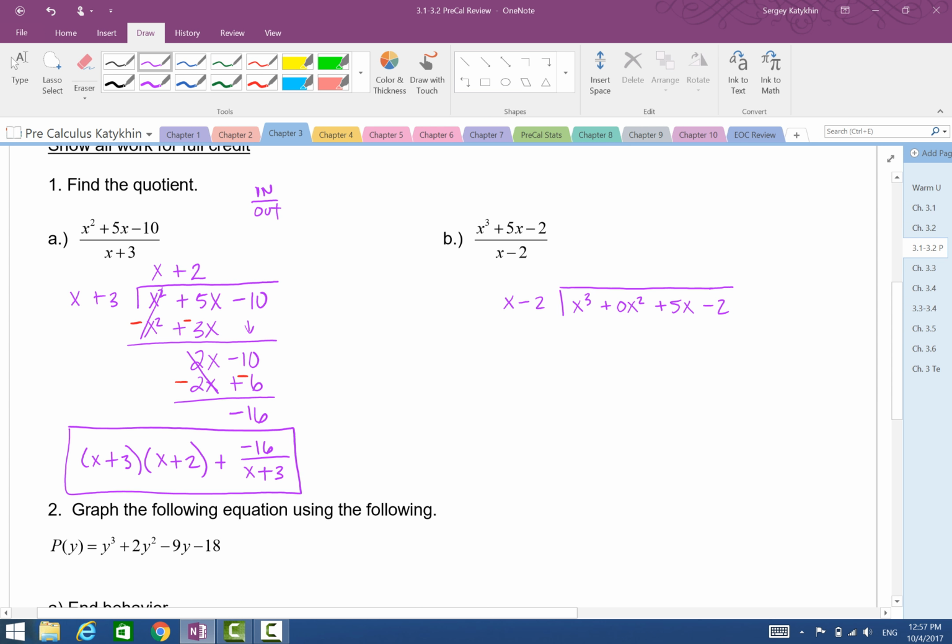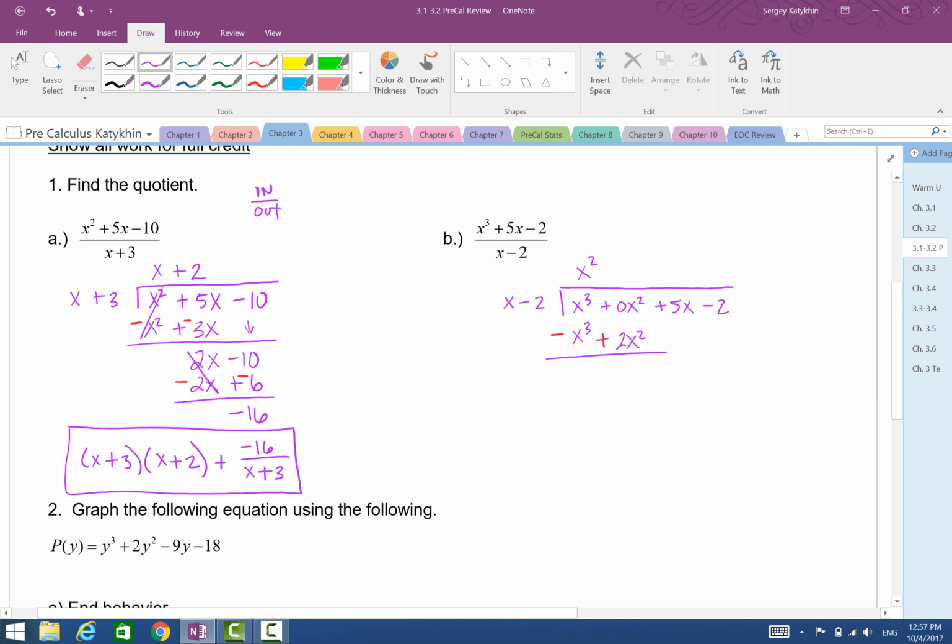So asking ourselves, what do we have to multiply x by to get x to the third? That would be x squared, which gives us x to the third minus 2x squared. So go ahead and subtract that, and then this is actually going to be added. So we're going to change the subtraction to addition.